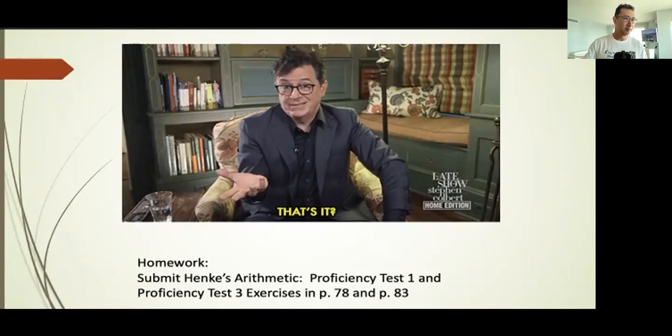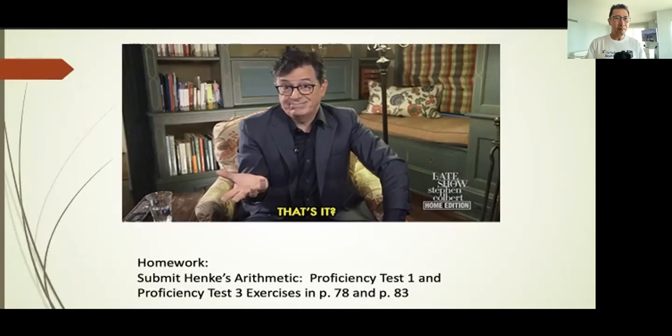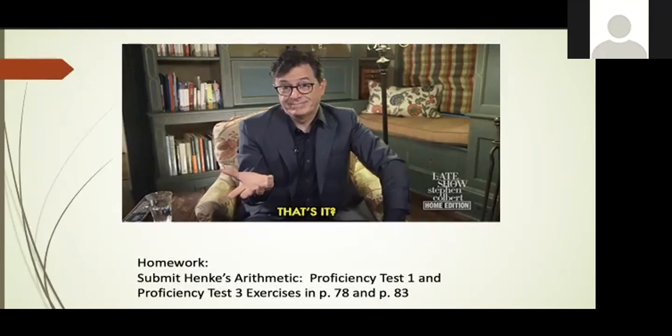Anything else? I have a question real quick. Each chapter has proficiency tests in it. It just says proficiency test 1 and 3 for 78 and 83. Do you want us to do the proficiency test for exercises on page 78 and then the proficiency test for page 83?